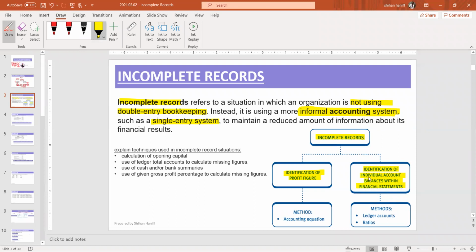For identification of profit, the method we use is the accounting equation. For preparation of financial statements, we can use the ledger accounts and some of the ratios.